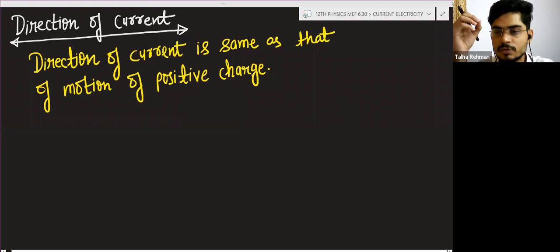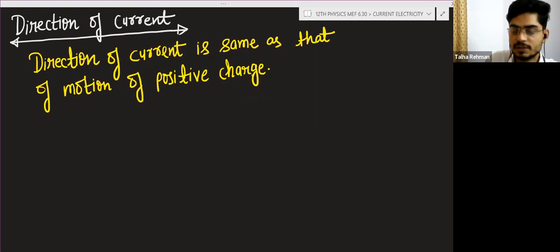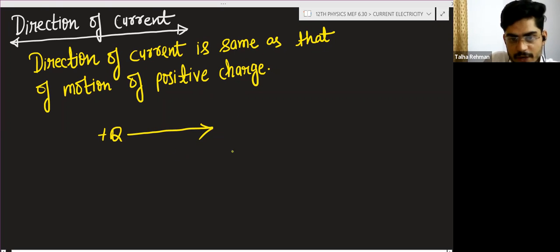From now, you will take the direction of current in the direction in which the positive charge is moving. Suppose here is a positive charge and this positive charge is going in this direction, then the direction of current will also be in this direction.